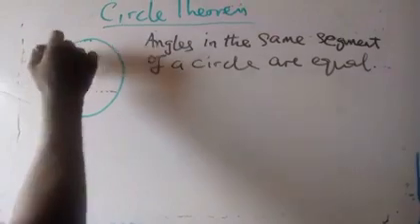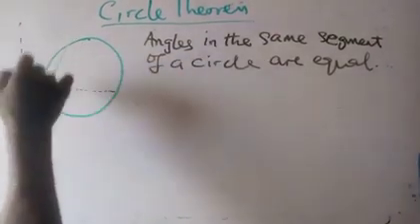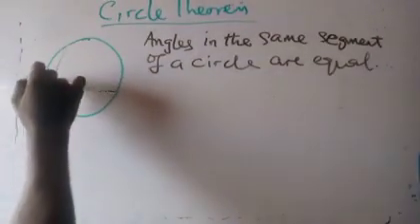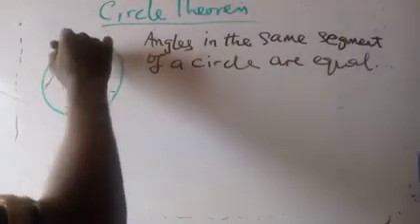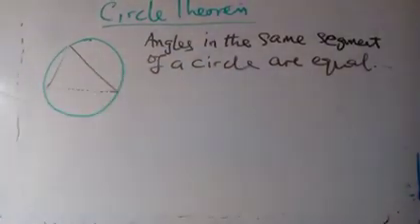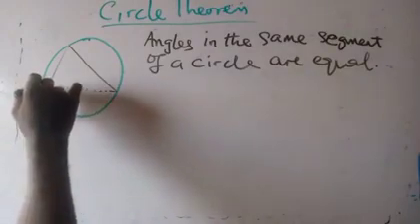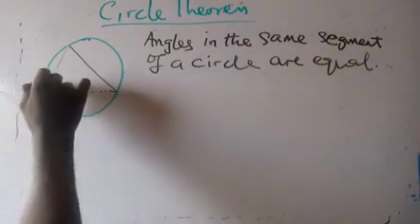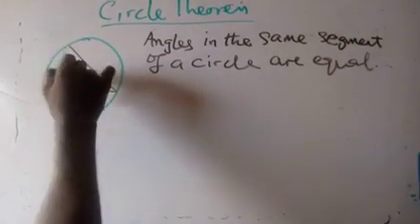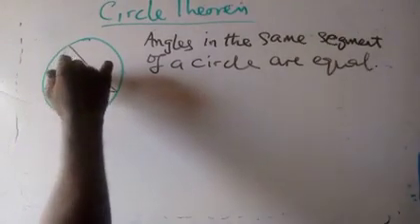So let's have this angle from here to here, and let's have the radius to the center to be this.